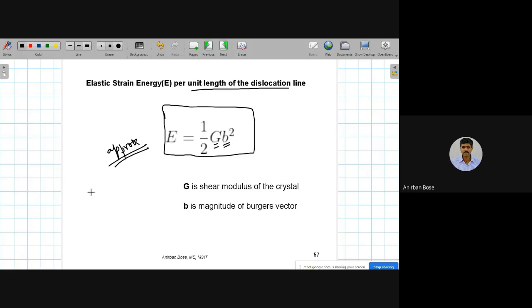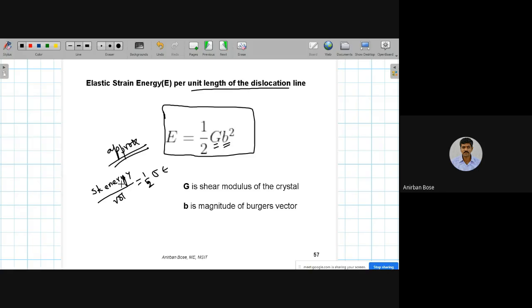What do you know about the strain energy? Already you know that elastic strain energy per unit volume is half into stress into strain, right? Half into stress into strain. This is the strain energy per unit volume.